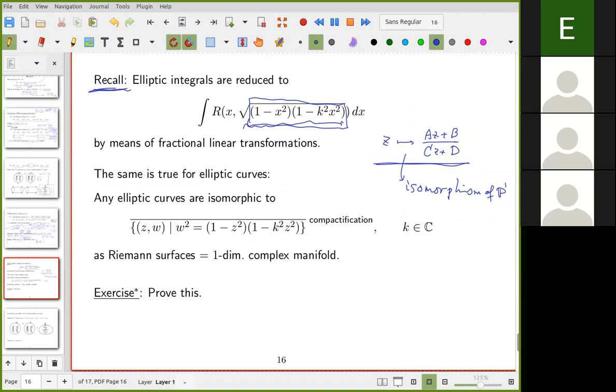And as we saw in the proof of the classification theorem, we can choose such points to be plus 1, plus k inverse, minus 1, minus k.